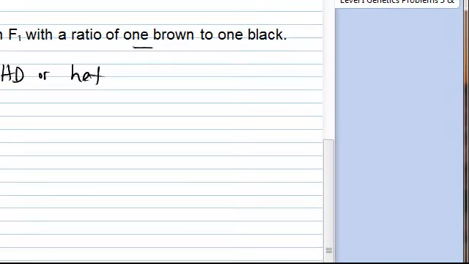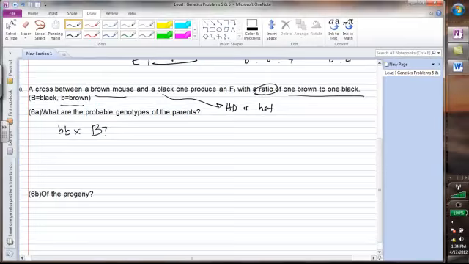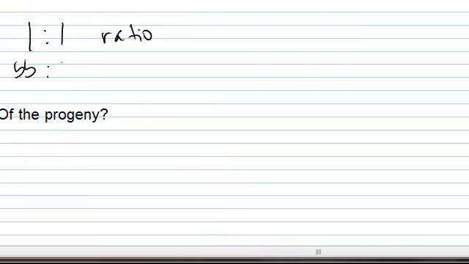We know that 1 brown to 1 black is our ratio in the next generation, the F1 generation. Now, if you have a 1 to 1 ratio of brown to black, that's the same thing as a 2 to 2 ratio.